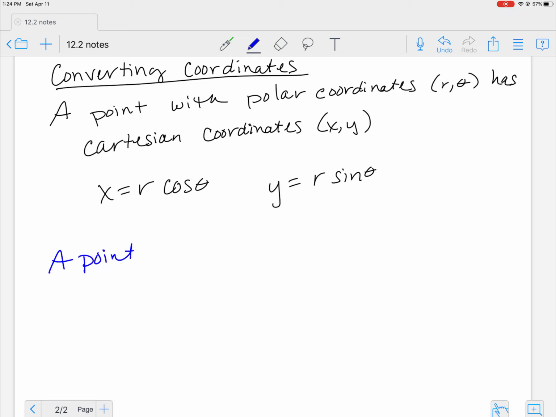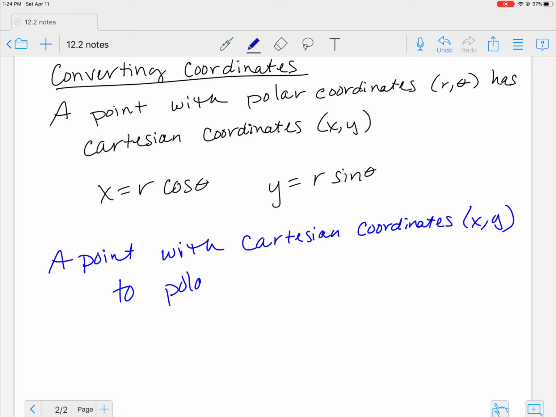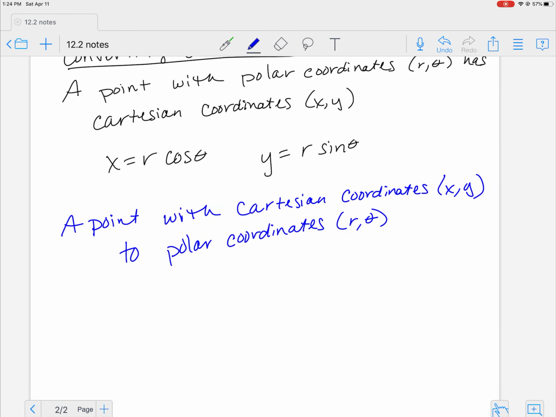If I have a point with Cartesian coordinates x, y, and I want to convert that to polar coordinates r, theta, then we have to use a little thing called a circle conversion, right?